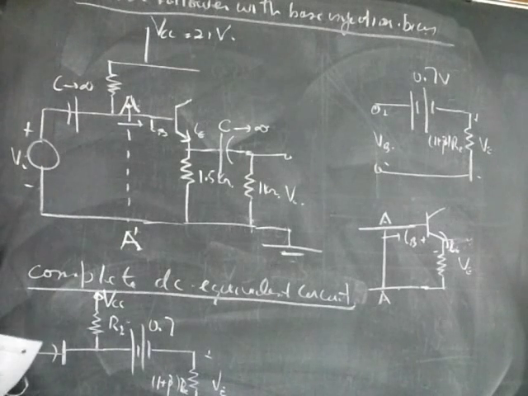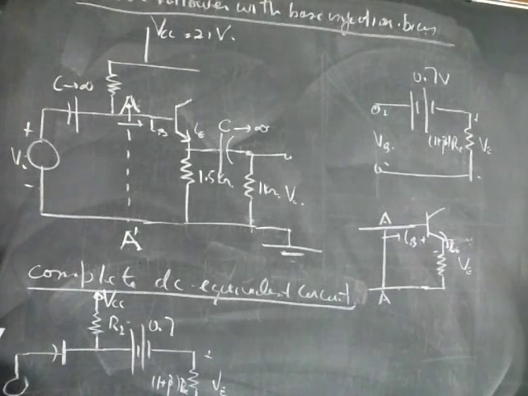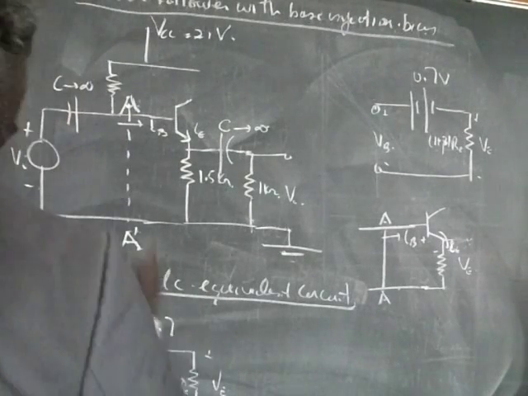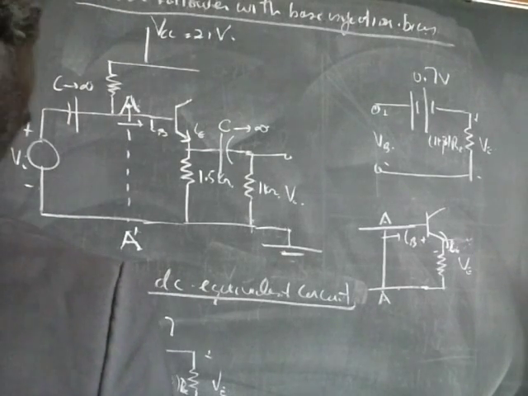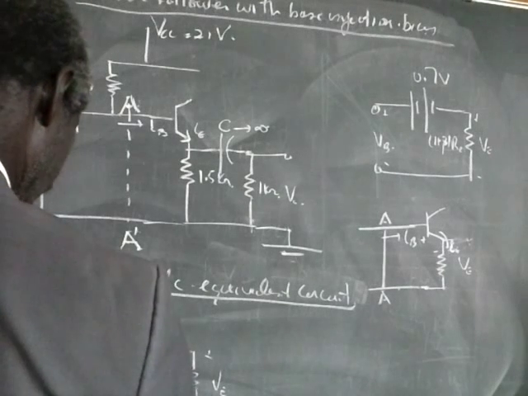This is a complete equivalent circuit for the DC, for the base injection bias, in which R1 is removed. So we are left with R2.